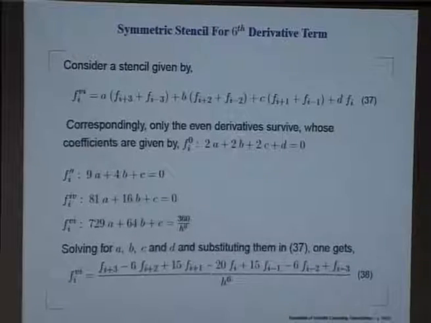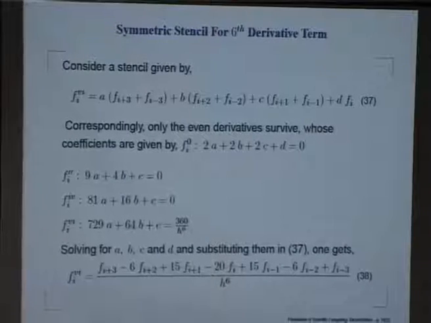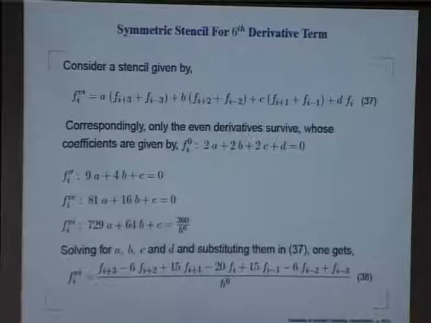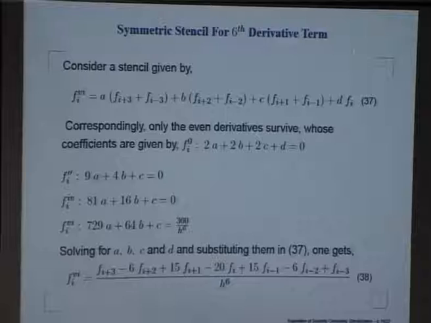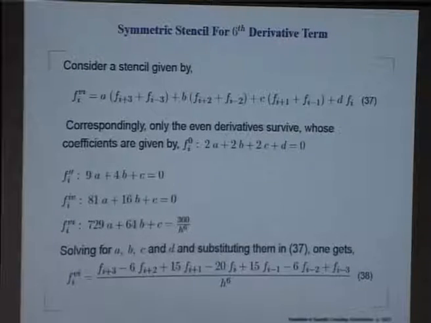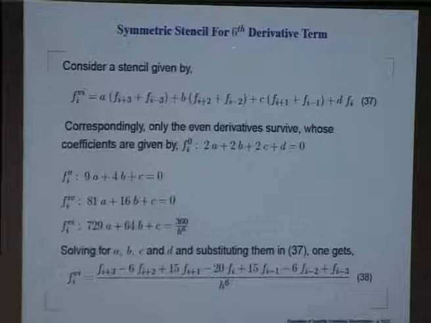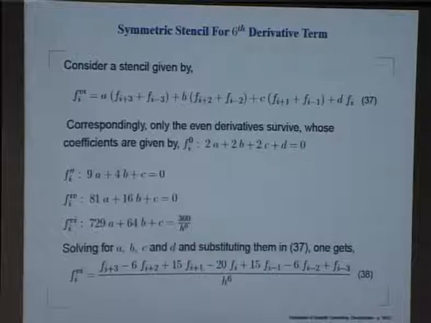Now, I think this is where we were making some point that at times we need to obtain expressions for even ordered derivatives. Like for example, here we have written down the expression for a sixth derivative.